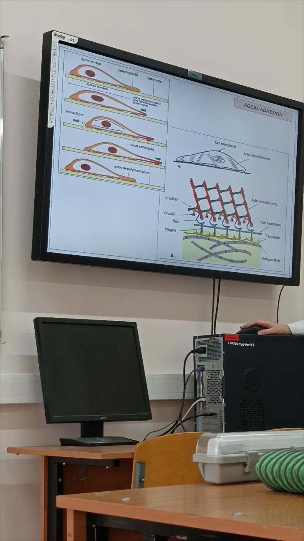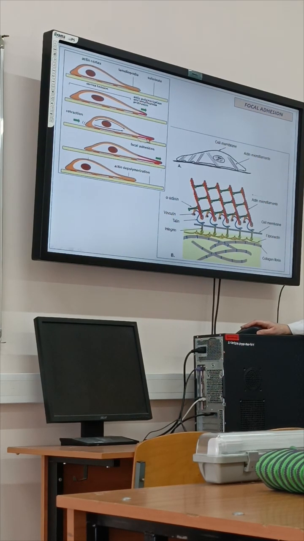For that, they produce lamellopodia, and lamellopodia form a temporary junction with the substrate. After that, they again form lamellopodia, form a junction again, so the cell can move.